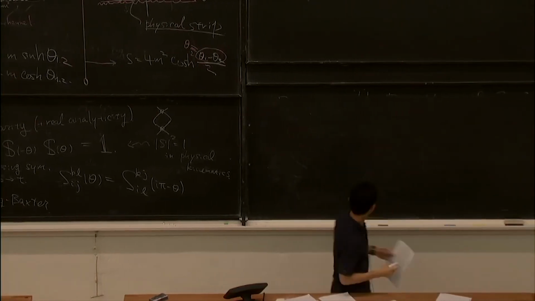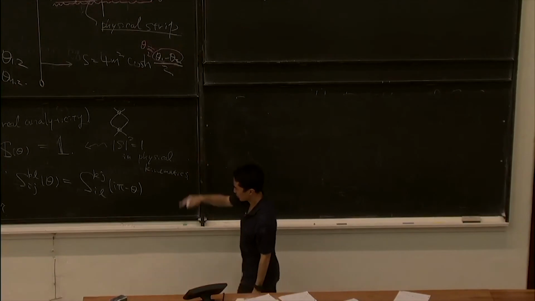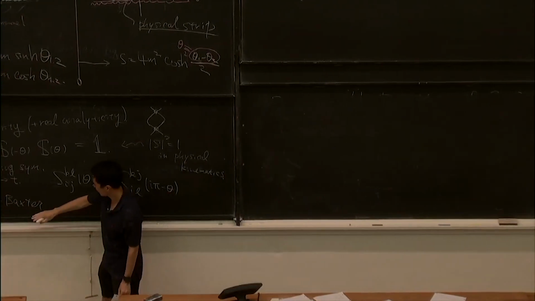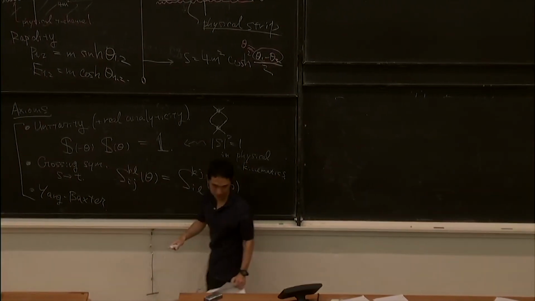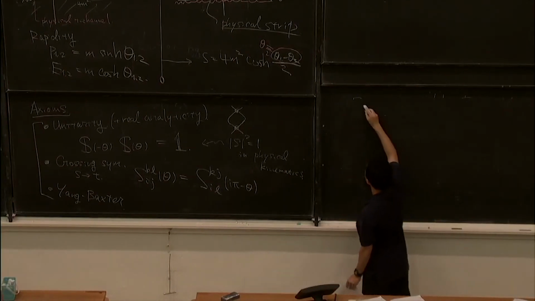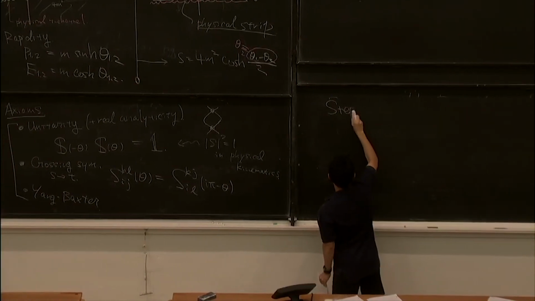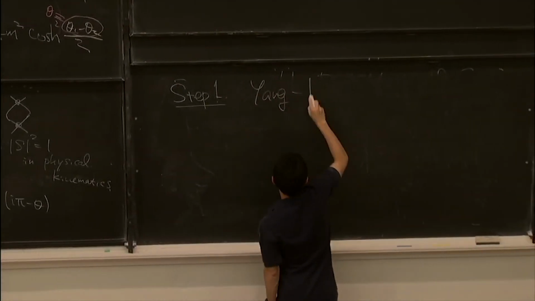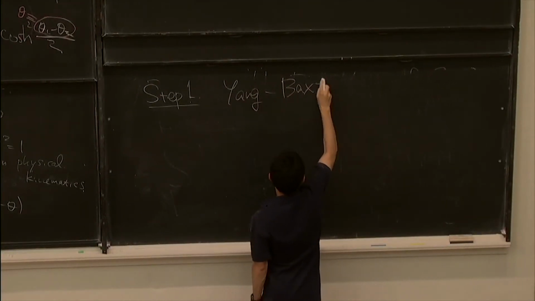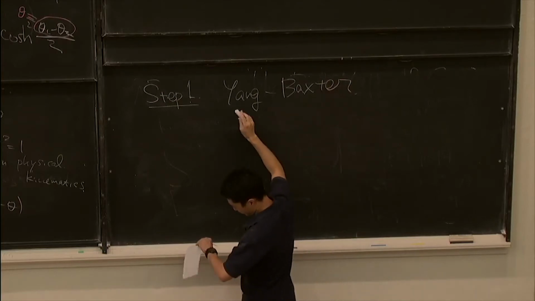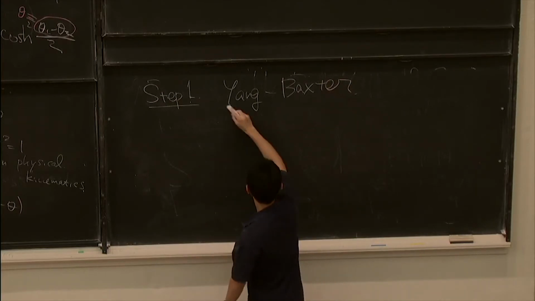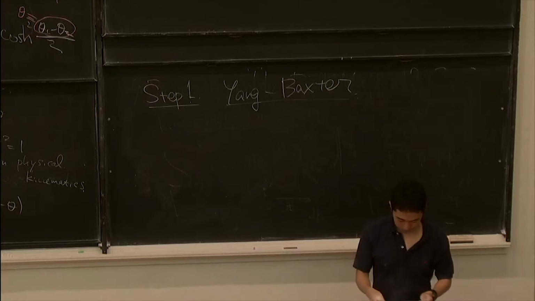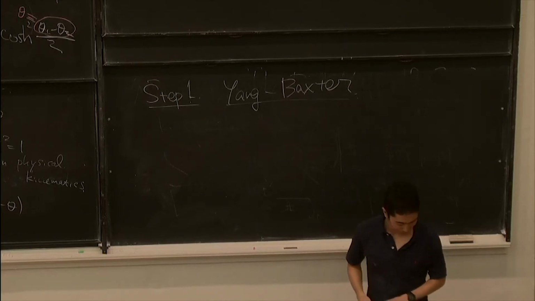Now let's analyze these axioms, but I'm going to do it in the opposite order. I first analyze the consequences of Yang-Baxter. So, step 1, Yang-Baxter.